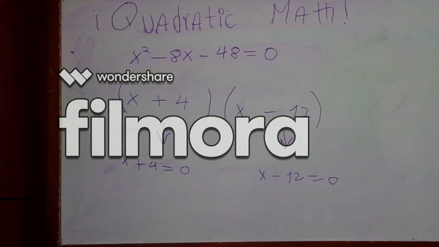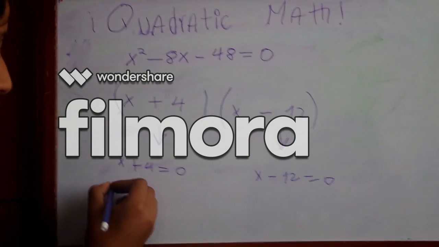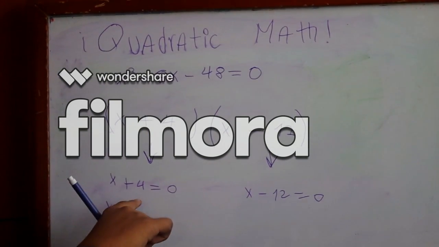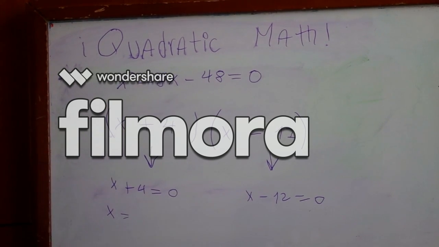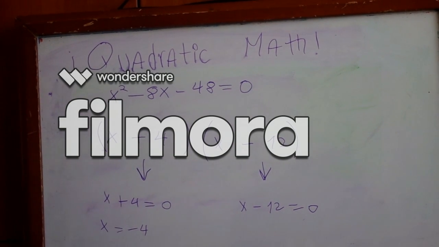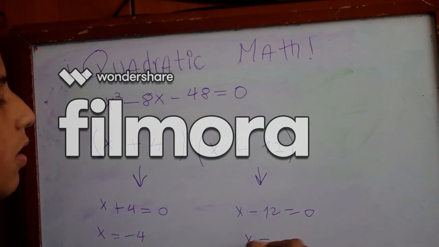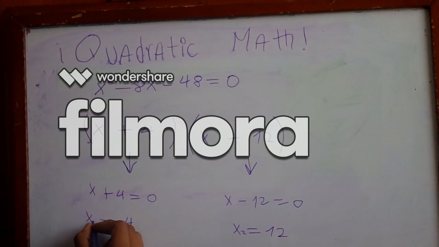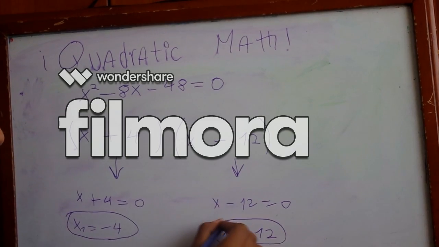Here we'll just have to move 4 right here, so it would be x is equal to, but as here it is positive, once we move it to the other side, the sign will change to the opposite, so it would be x is equal to negative 4, and here happened the same, so it would be x is equal to 12, and here we have x2 and x1, and these ones are the final answers.